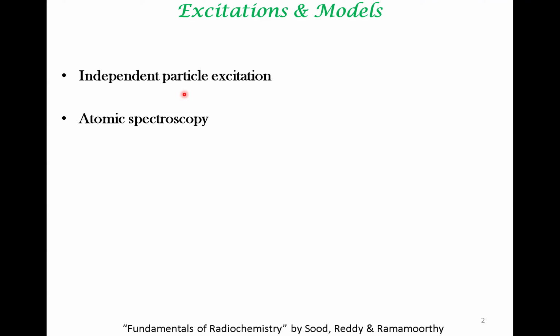That's an approximation. I'm making some loose statements so that we can contrast independent particle excitation against a different kind of excitation. There are certain collective excitations, in contrast to independent particle excitation.